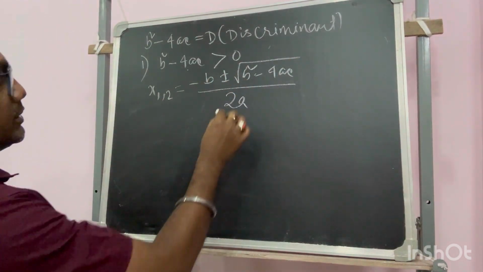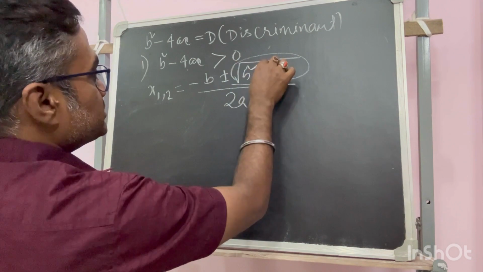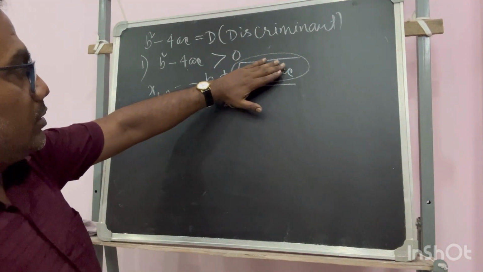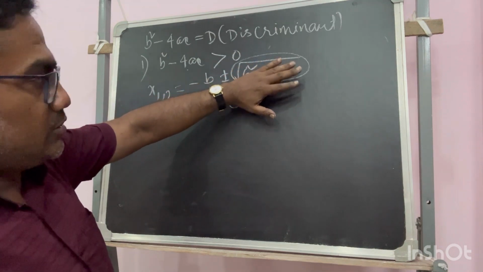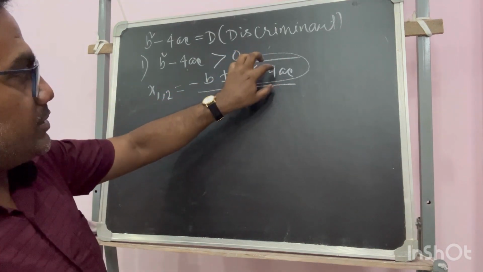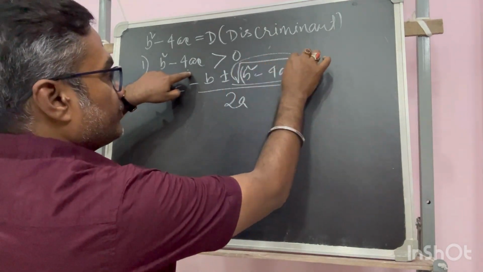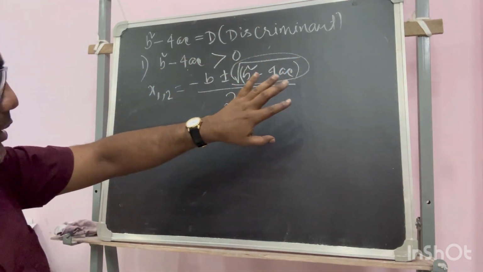This is specifically greater than 0, so the expression inside this square root is not negative, so it is a real value only.